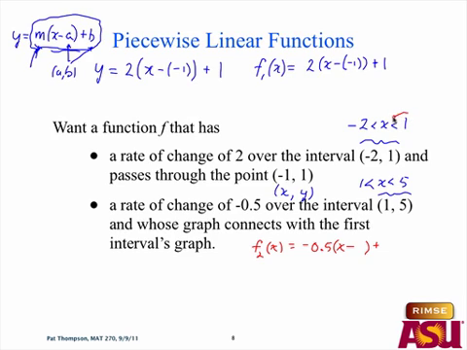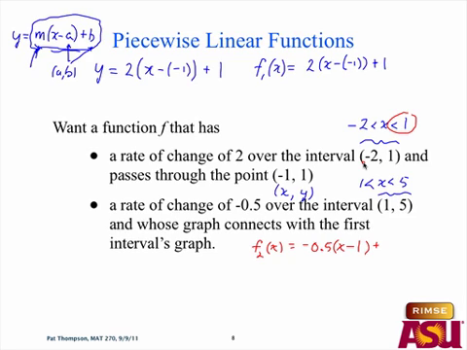The first interval ends at x equals 1. Therefore, you plug in x equals 1 in the first equation to find the coordinates at which it ends, which is (1, 3). And then you take that point as your starting point for the second. Yeah, exactly. Andrew, well said.